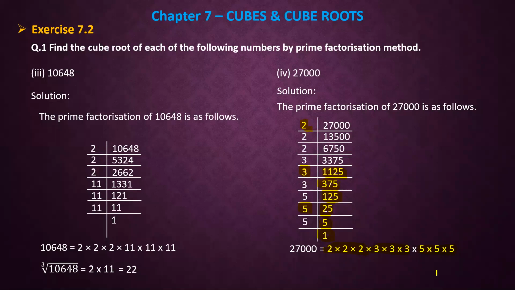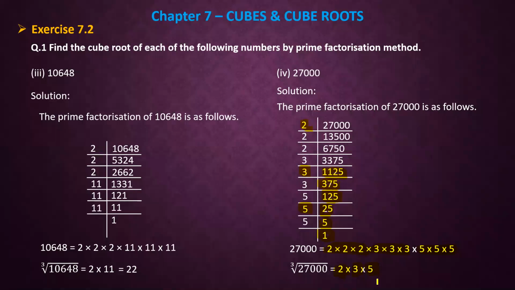So therefore it is clear that we can calculate the cube root of 27,000. For that purpose, we are going to take one prime factor from each triplet. From the first triplet, we take 2. From the second triplet, we take 3. And from the third triplet, we take 5.